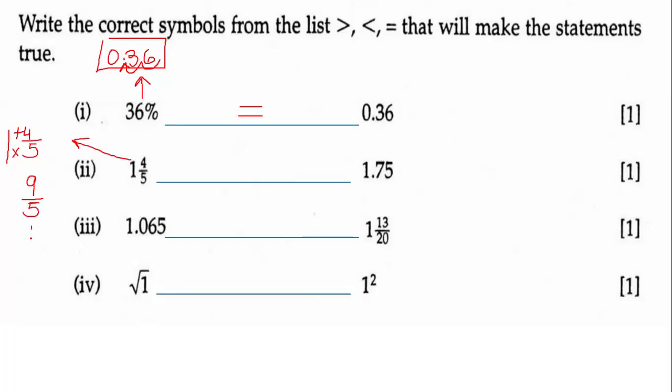And then we divide, right? How many times does 5 go into 9? Once. 5 times 1 is 5. 9 minus 5 is 4.